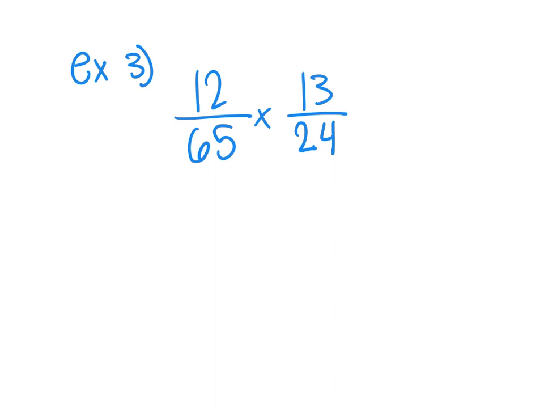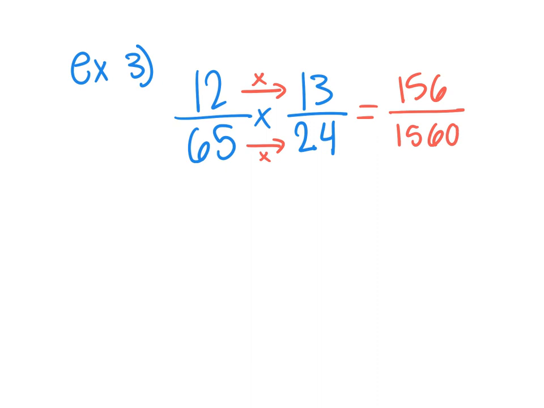Here in example 3, I see that I have some bigger fractions than the ones we've been using so far. However, the same rules still apply. I start by multiplying straight across. 12 times 13 equals 156. Then let's do our denominators. 65 times 24 will give me 1,560.